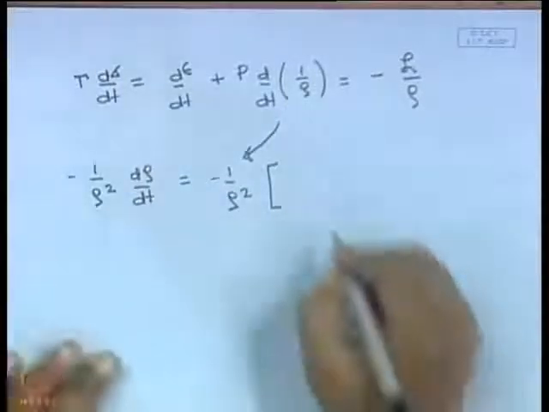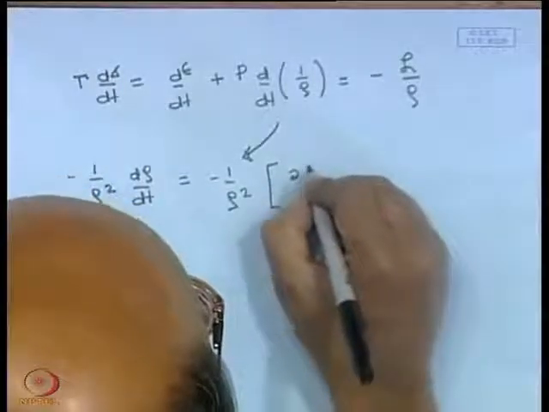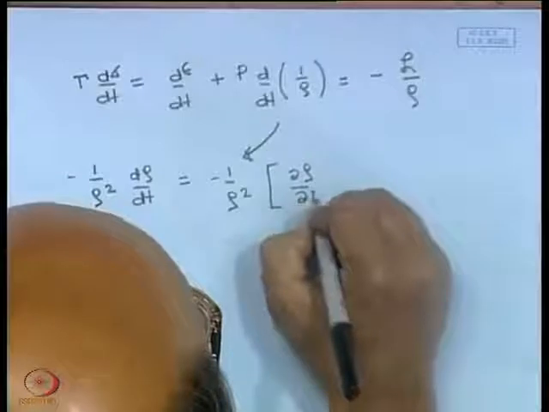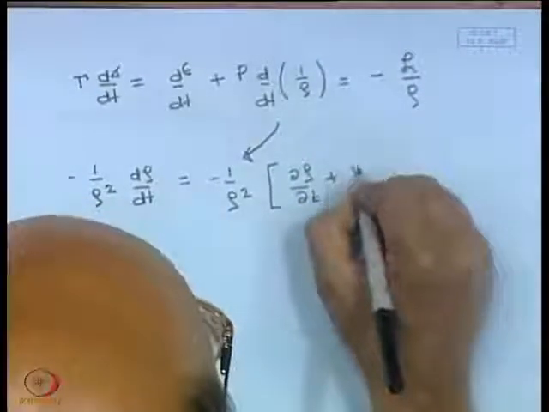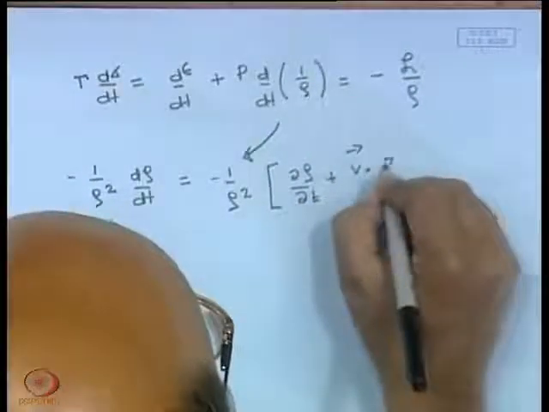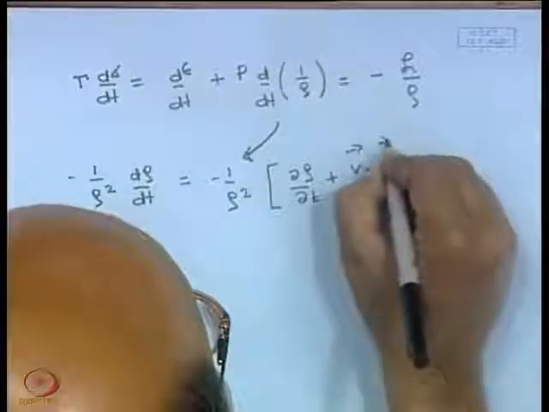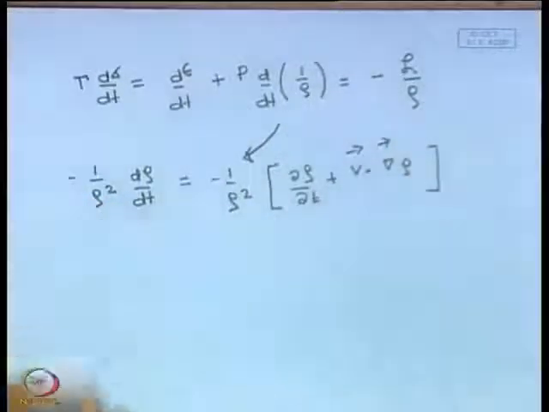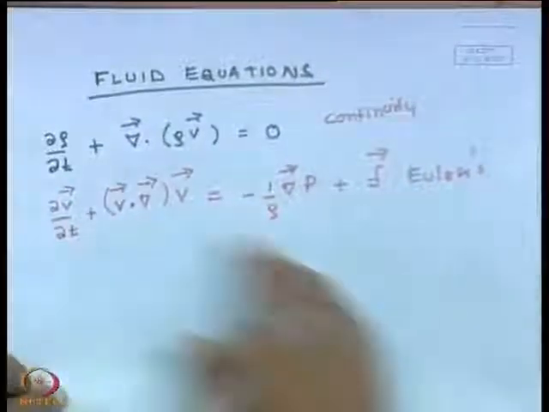So we can write this as del rho del t plus v dot grad rho, and we can use the continuity equation.